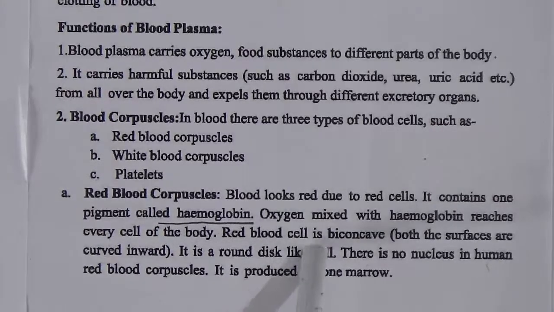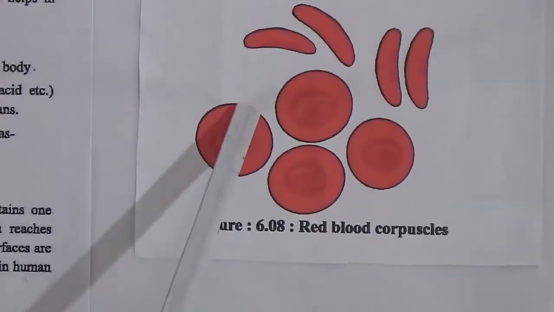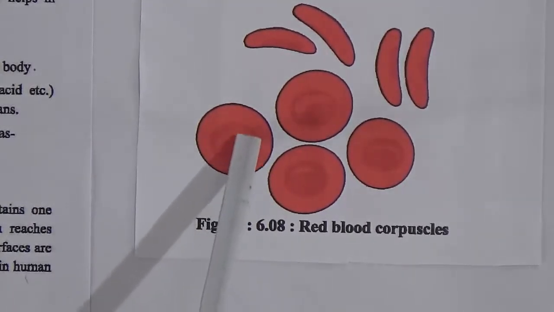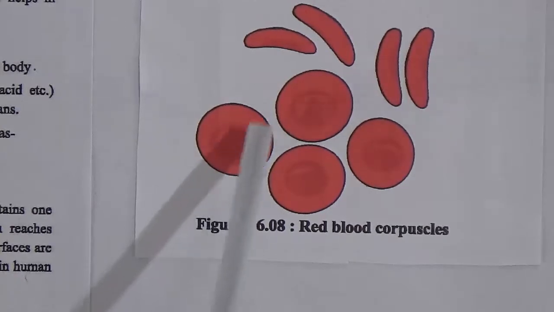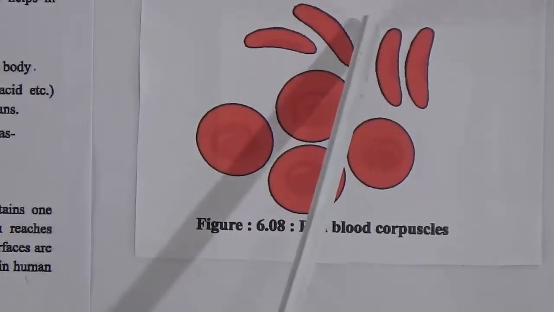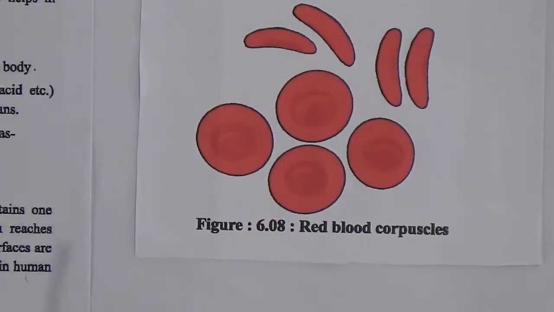Red blood cell is biconcave. That means if you can see this picture, you can understand this is biconcave, both surfaces are curved inward. There is a middle curve.